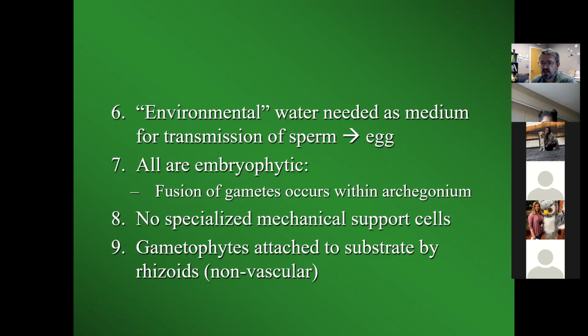They do not have specialized mechanical support cells. Okay, so unlike what we see in the xylem that is able to support itself, we don't see that. They're fairly soft plants. They are not rigid. They also cannot be very tall because they don't have that ability to move water very far or support themselves with these mechanical support cells.